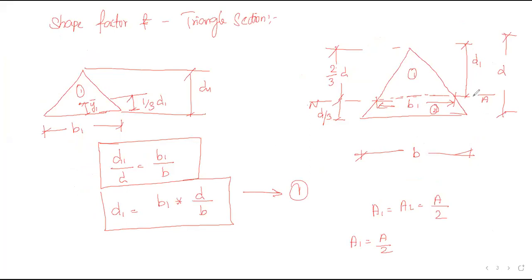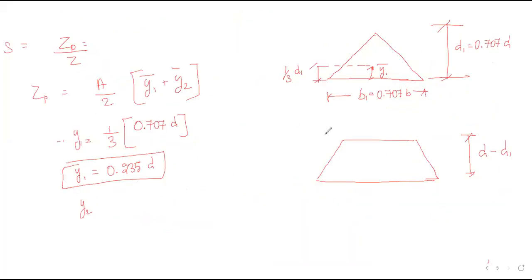So the balance portion is D minus D1. And this is B1. So B1 is equal to 0.707 times B, and this is B, total breadth. Okay. So with respect to the neutral axis, what is the height? That is the Y2 bar.